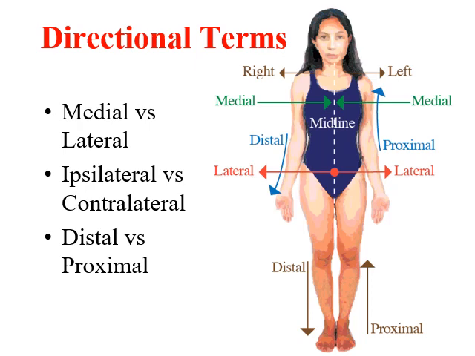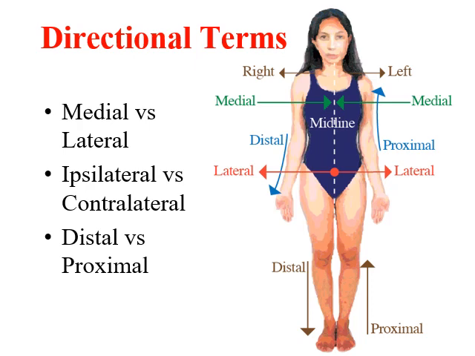While we're visualizing our patient in the anatomic position, let's pretend there is a line drawn down the center of their body, dividing their body into right and left halves. We can then use the terms medial and lateral to describe the relative position of organs to this imaginary line.